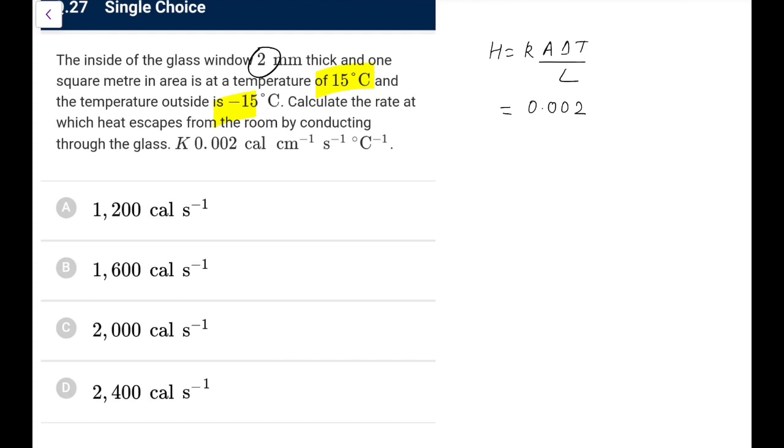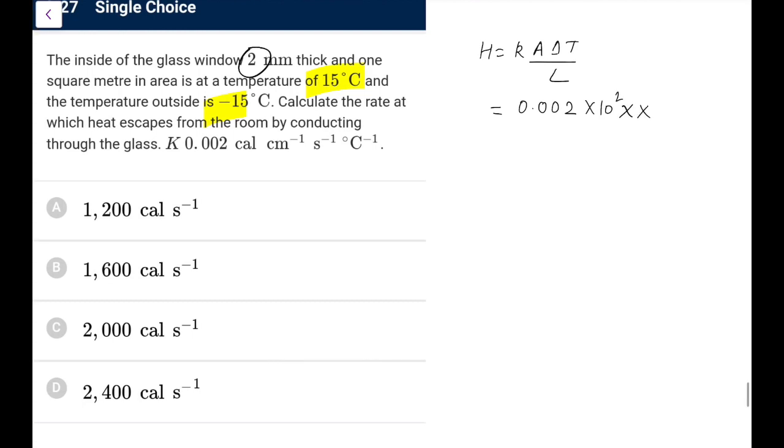Because it is given per centimeter, I'll multiply by 10 to the power 2. The area is given as 1 meter square, delta T is 30, and the thickness is 2 mm, that is 2 into 10 to the power minus 3. The 15 and 15 make 30.